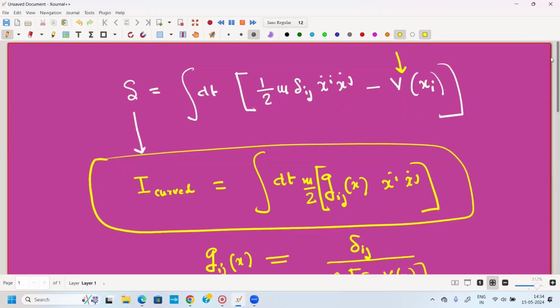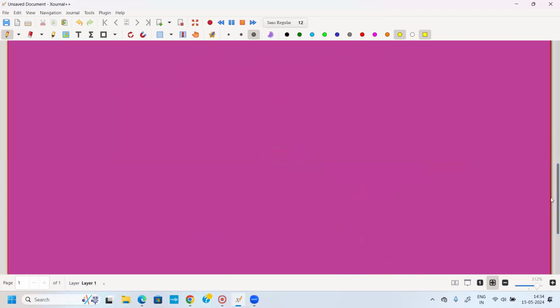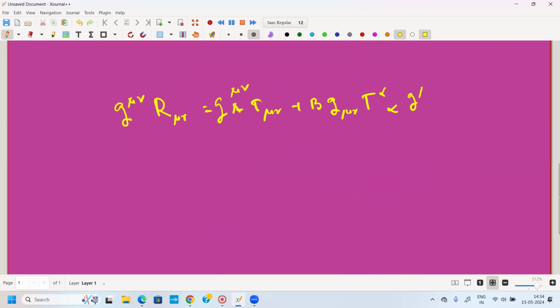Since we have R mu nu is just A T mu nu plus B g mu nu times T alpha alpha, which is a trace part, if you just multiply both sides by g mu nu, you will get this, which is called the Ricci scalar.